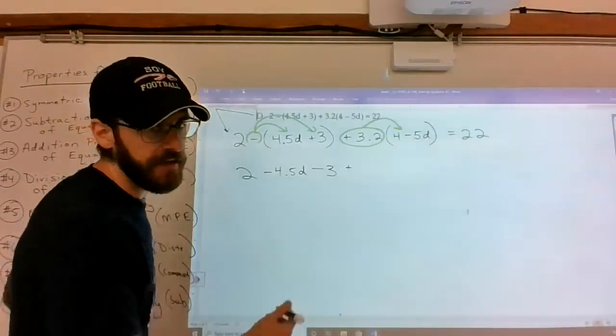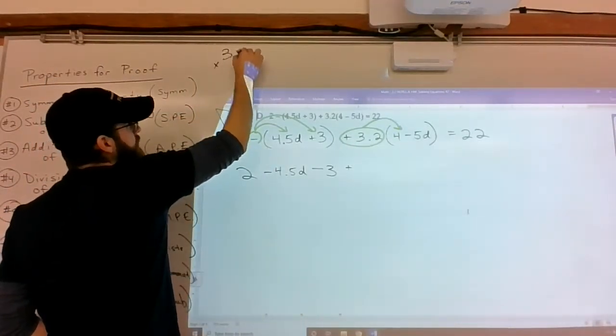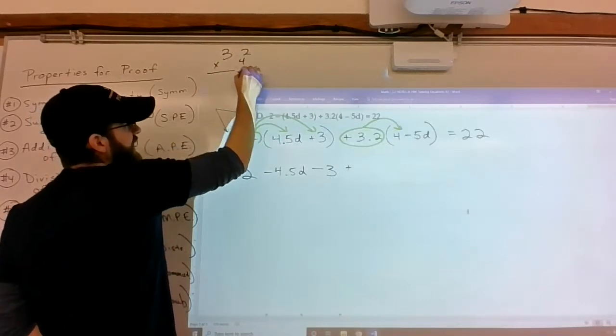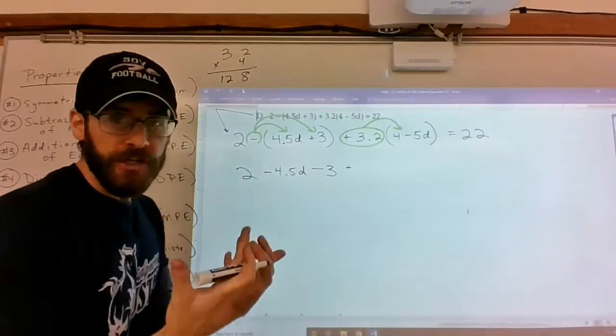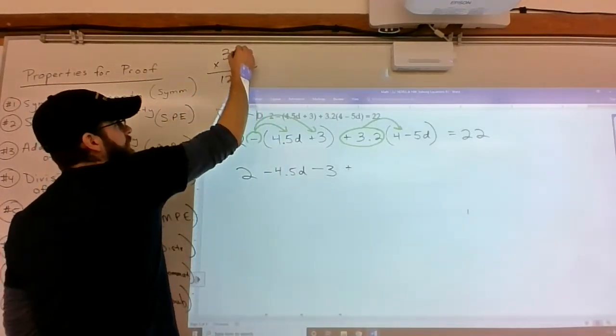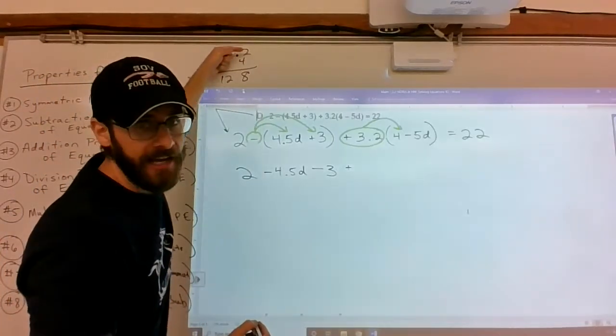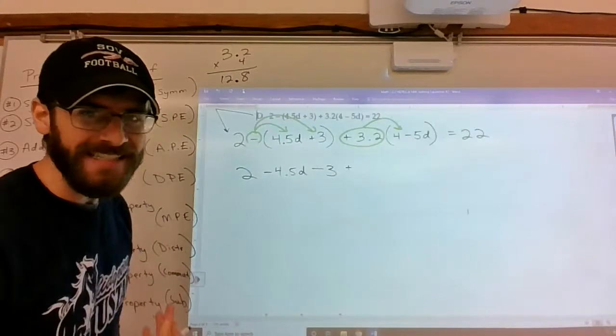Here's my off to the side. 3.2 times 4 would be 4 times 2, which is 8. 4 times 3, which is 12. Make sure you insert the decimal where it belongs. There's one digit of decimal accuracy here, so go one in there. It's 12.8.